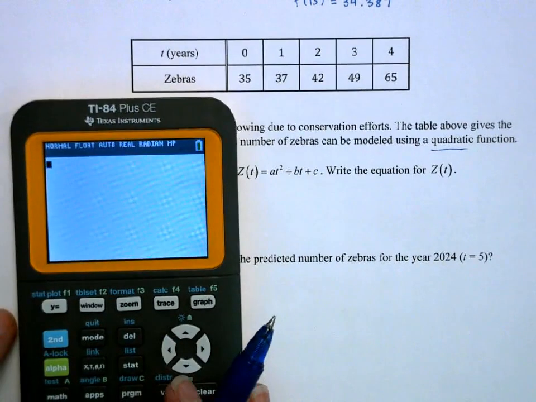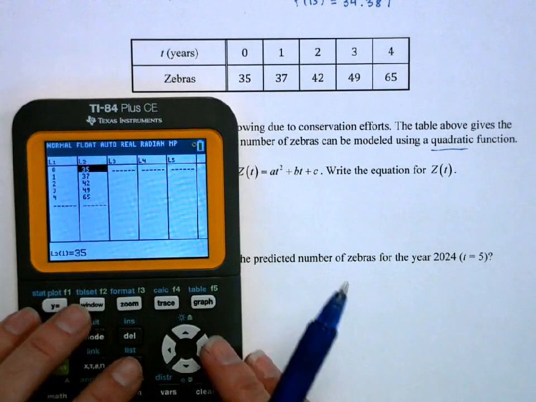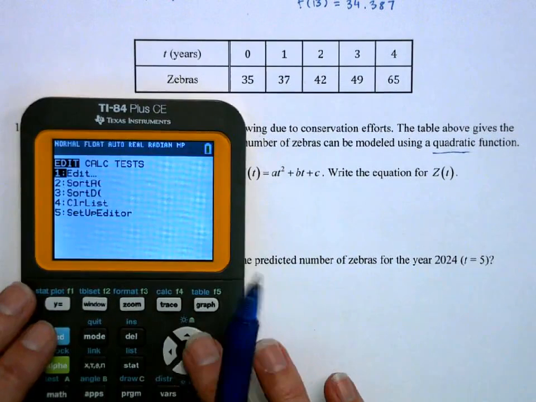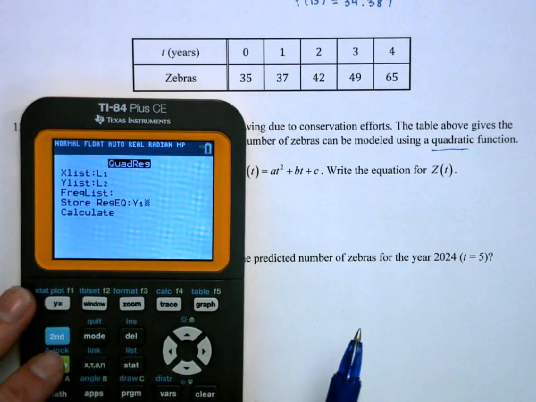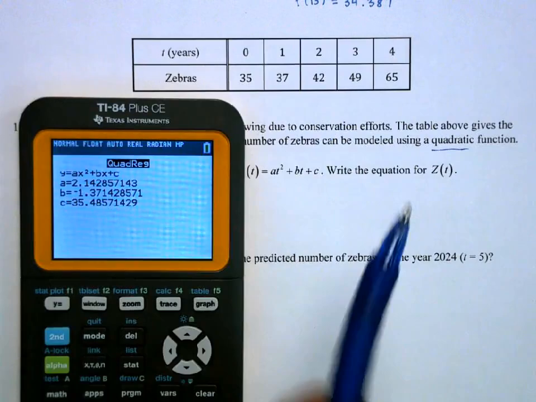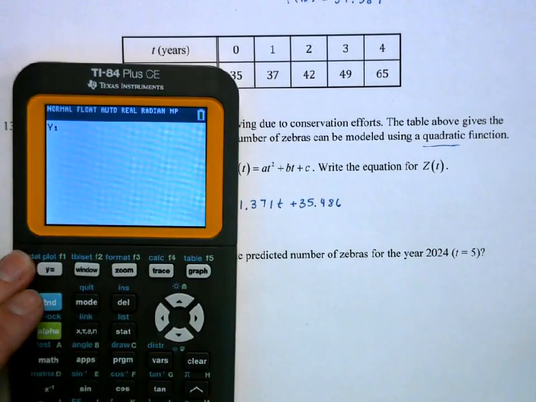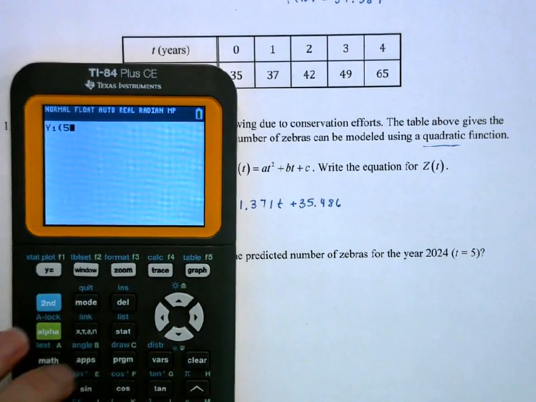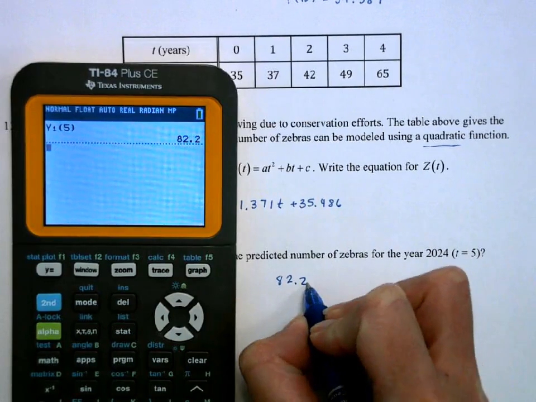So I'll do stat calc, quadratic regression again, store it, copy those values down, and lastly we're going to use this to predict the number of zebras in the year 2024, which is equal to t equals 5. So we'll do Y1 because we stored it, evaluate it at 5, so we get 82.2, or I would round in the context would be 82 zebras.